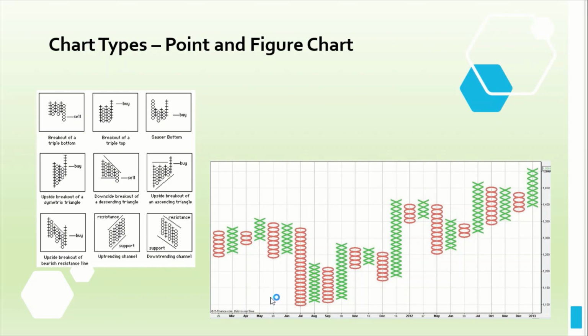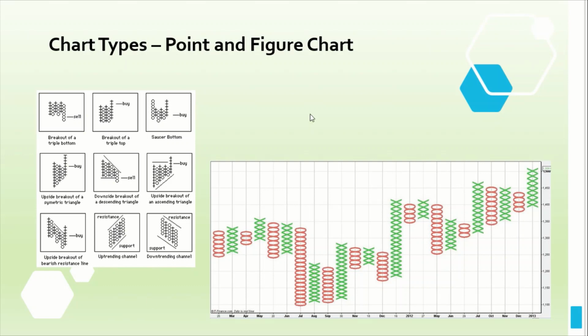Kasi ang point and figure chart, dumidepende yan sa bilis at bagal ng pagtaas ng price at hindi siya dumidepende in terms of time. So what traders look into the point and figure chart is the time of the price reversals. Okay?